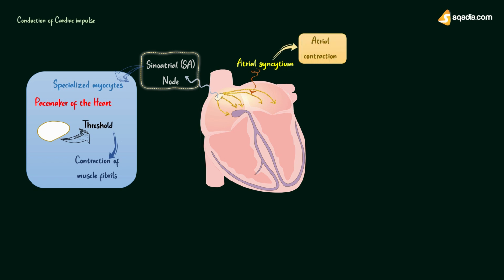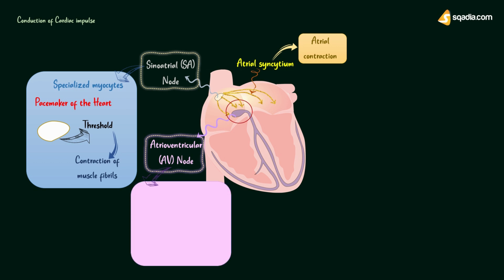This action potential is then channeled through the atrioventricular node, located between the right atrium and right ventricle. The impulse is then passed through the junctional fibers of the AV nodal pathway to a mass of specialized tissue called the atrioventricular node. It is located at the junction of the right atrium and right ventricle.